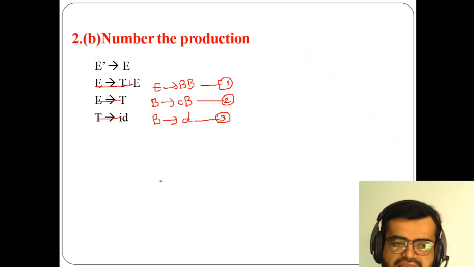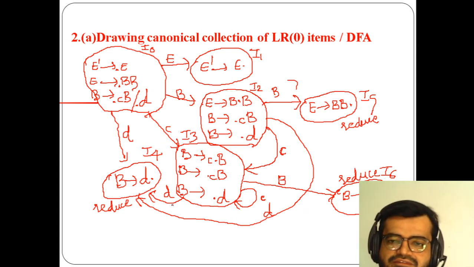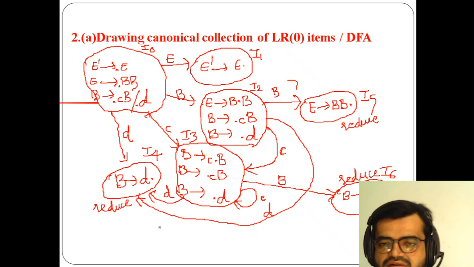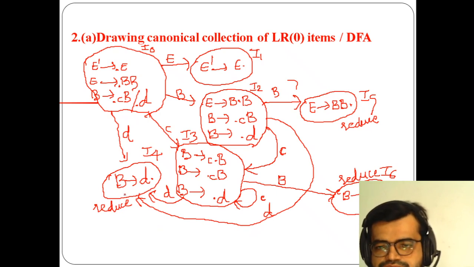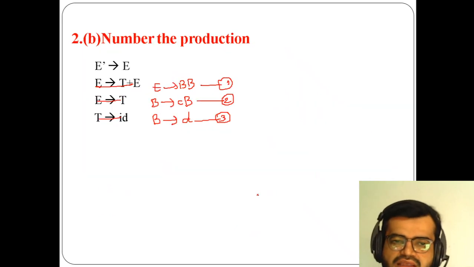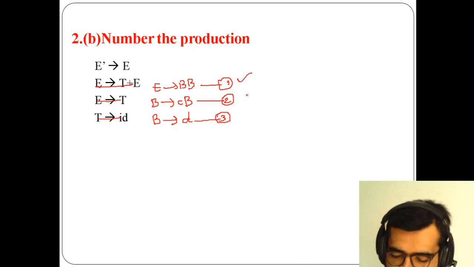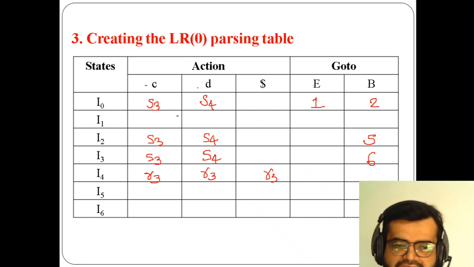Similarly in I5, it is not going anywhere. It is just receiving from I2, so I5 is used for reduce purpose. And this E of BB is which production? Production number 1. So here I will write R1, because production number 1 is there.